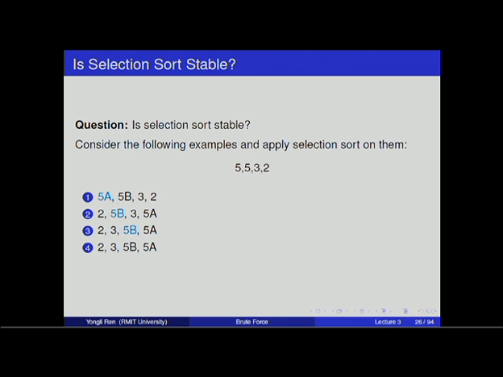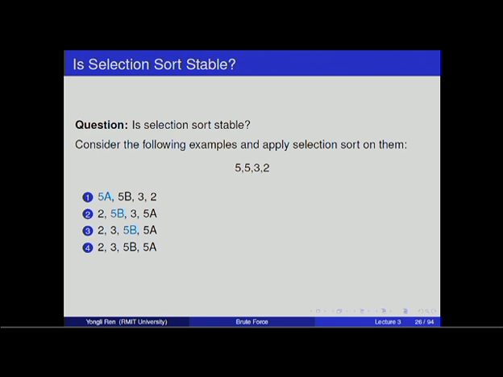We put 2 in the front and put 5A here. That's what we did, right? And then we start from the second, scan the rest, find 3, put 3 here, and 5B here. And then we go to 5B, we compare 5B with 5A, and we find 5B is not smaller than 5A. So we maintain the same order, and we get 2, 3, 5B, 5A. So they swap A and B.